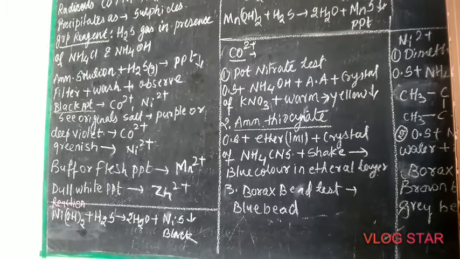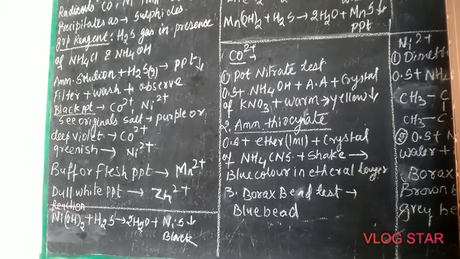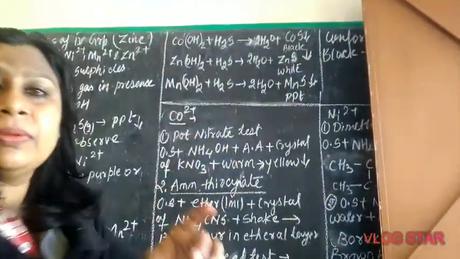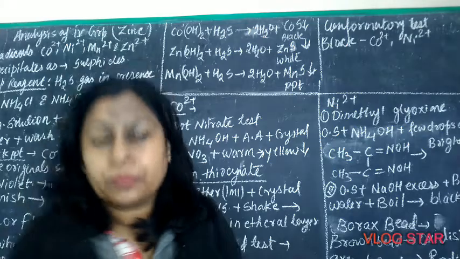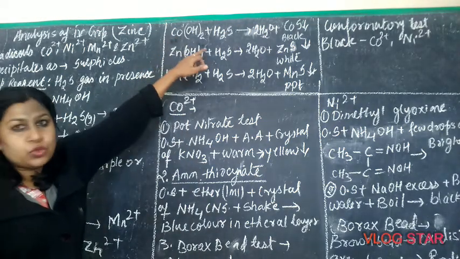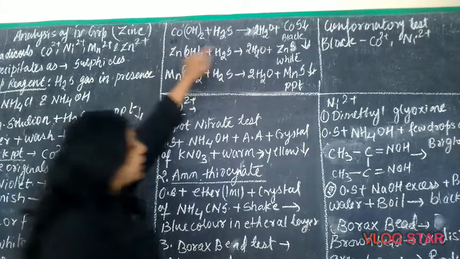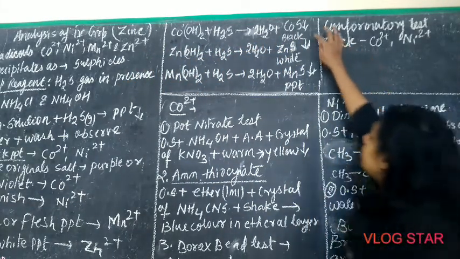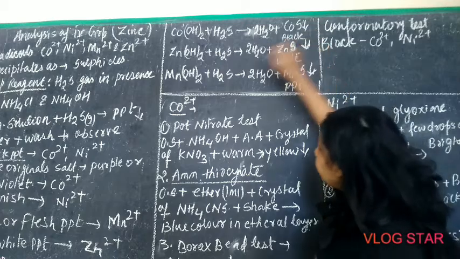Ni(OH)2 plus H2S gives H2O plus NiS, that is black precipitate. Then Co(OH)2 plus H2S, when you pass H2S, it gives water plus CoS, that is cobalt sulfide, black precipitate.